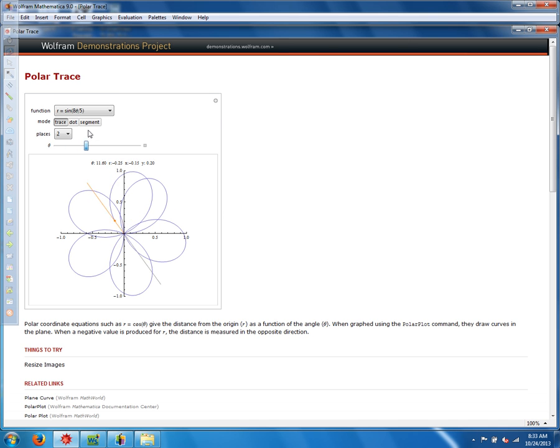Harley, we can do... Yes. This is like spirograph, right?